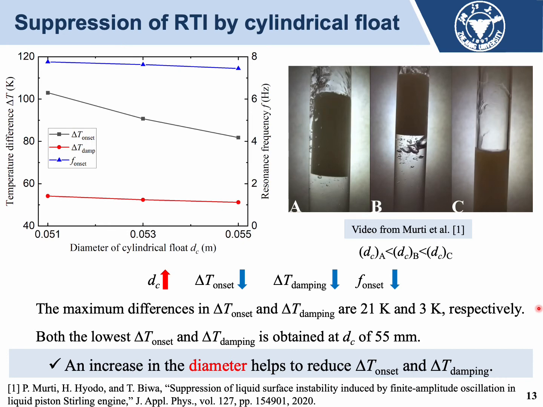Besides, both the lowest onset and damping temperature difference are obtained at a diameter of 55 mm, indicating that an increase in the diameter helps to reduce onset and damping temperature difference. The onset resonance frequencies decrease with the increase of diameter, which can be due to the decrease of mean pressure with the decrease of onset temperature difference.